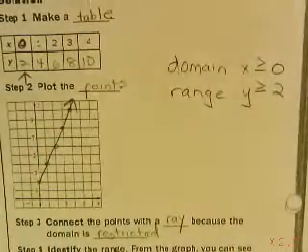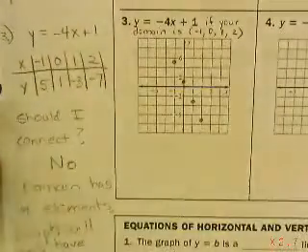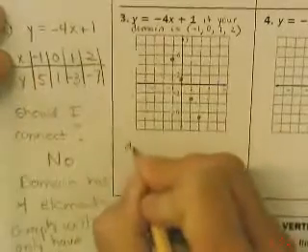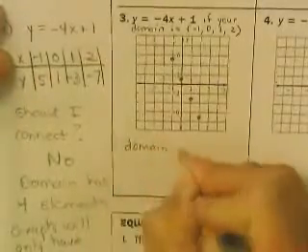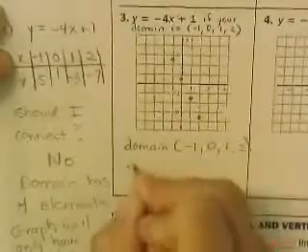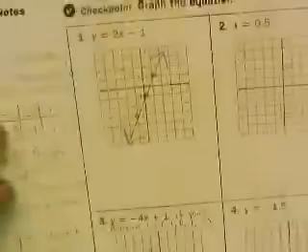That's not a coincidence. If you look back to page 18, number 3, when my domain was -1, 0, 1, 2, I had 4 elements in my domain. My range was 5, 1, -3, -7. There's a consistency there. Look at number 1.